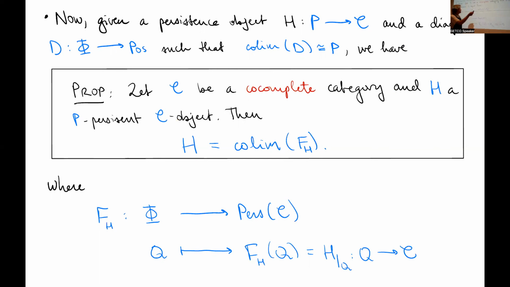And as long as C is a co-complete category, then H is actually the colimit of some functor, which is just given by the restriction of H to each of these subposets of P. So it's really just, if I can glue together P out of some subposets, and I have a diagram from P into C, then I can also glue together the diagram by restriction, right? Nothing complicated is going on here.